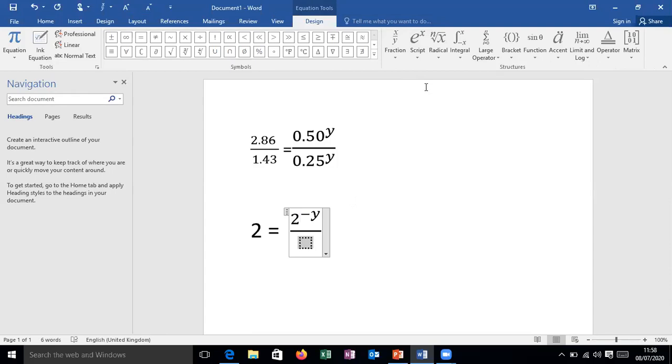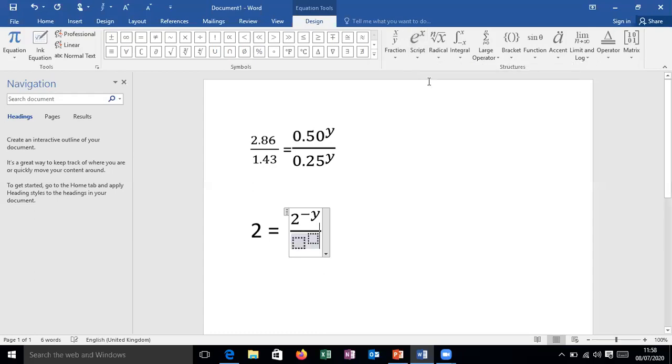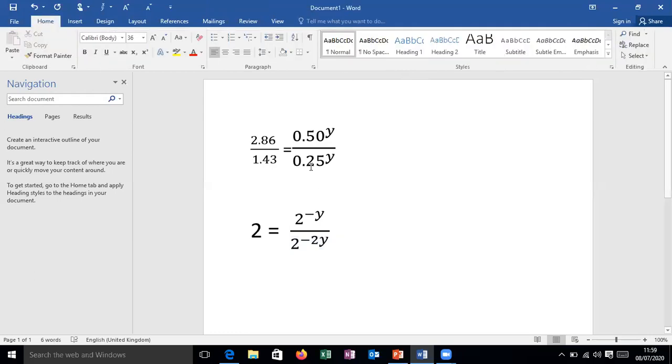Then 0.25 will give you 1 over 4. And 1 over 4 is the same as 2 raised to the power negative 2y. Are you okay with that? Because the 0.25 alone will give you 2 raised to the power negative 2, so times the y will give you this.